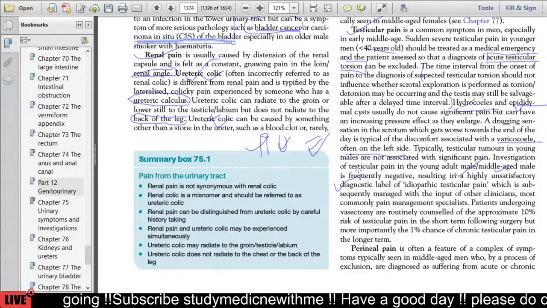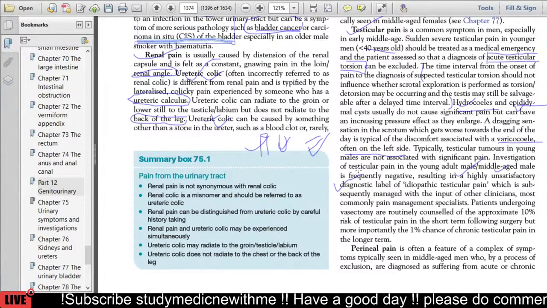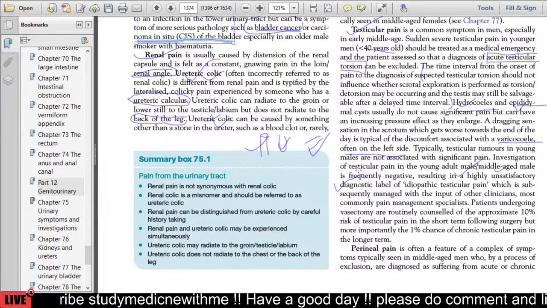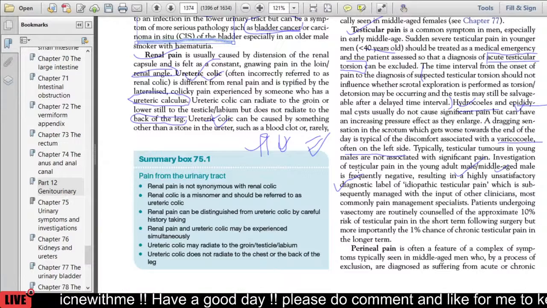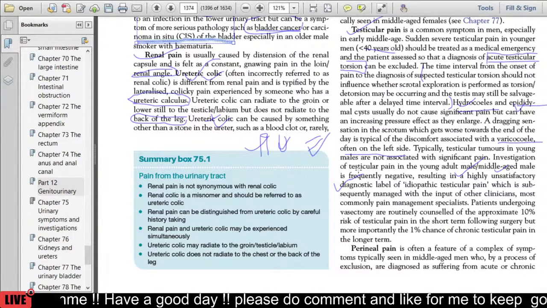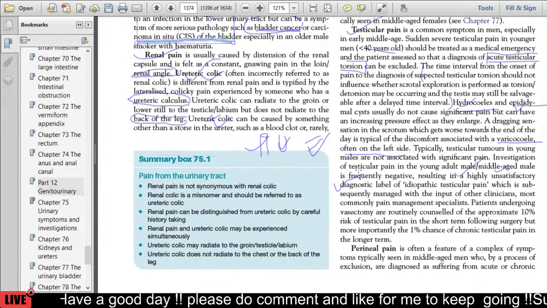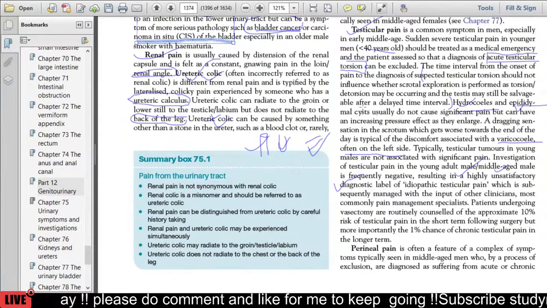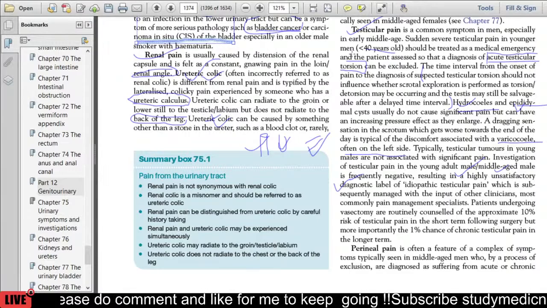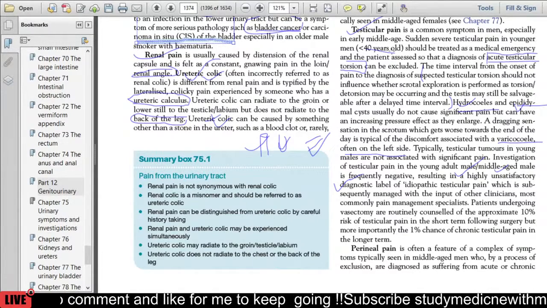Therefore, it is not diagnosed, I would say. So the doctor will term it as idiopathic testicular pain, even though we should not neglect it, since it could be a testicular tumor.